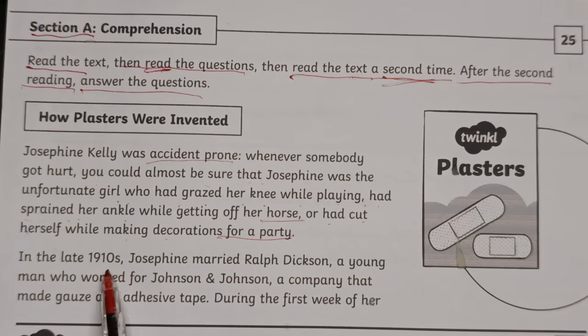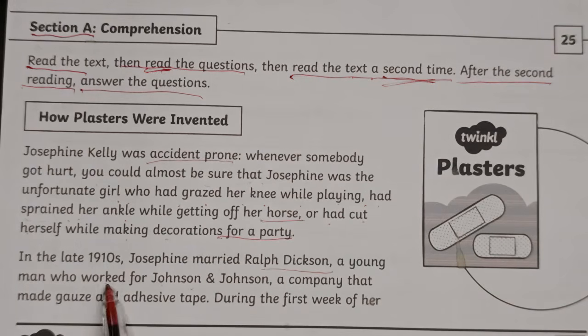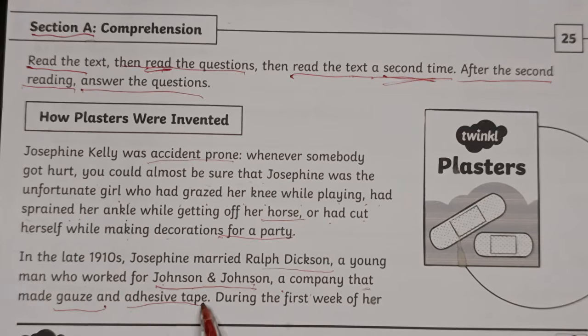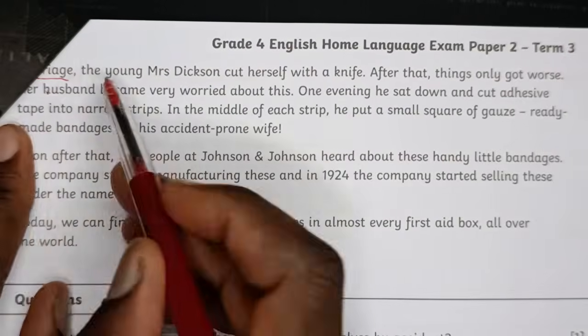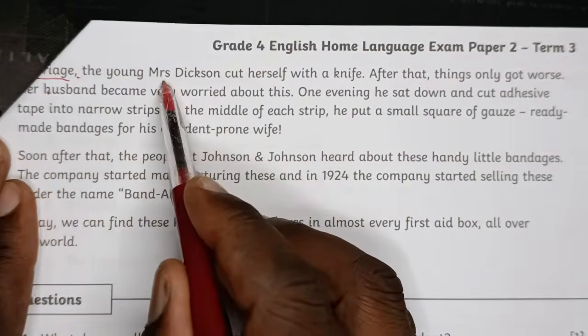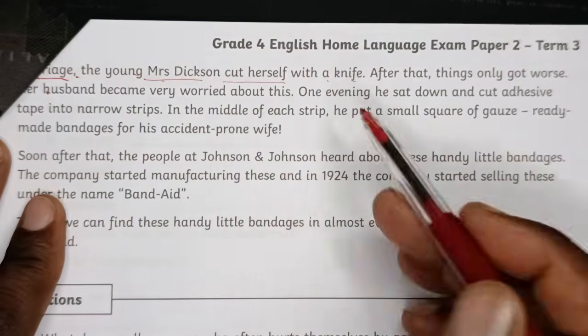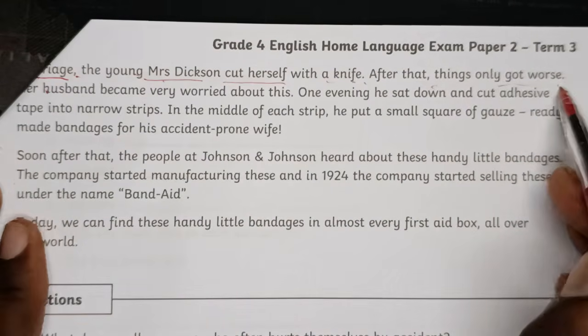In the late 1910s, Josephine married Ralph Dixon, a young man who worked for Johnson & Johnson, a company that made gauze and adhesive tapes. During the first week of her marriage, the young Mrs. Dixon cut herself with a knife.